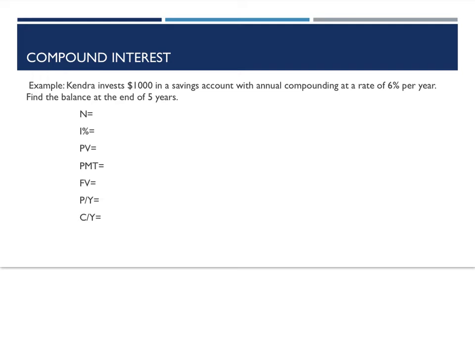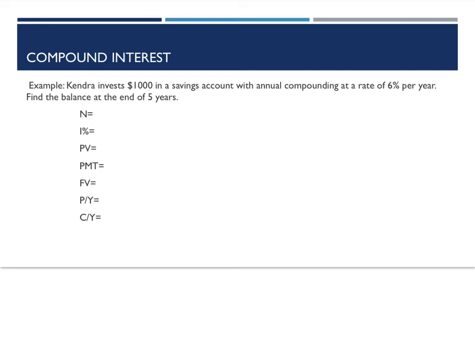Kendra invests $1,000 in a savings account with an annual compounding at a rate of 6% per year. Find the balance at the end of 5 years. Now we're going to concentrate on filling out the chart. You need to see a sheet that you have in D2L to show you how to do the actual operations of the calculator. I'm not able to post them here using this program.